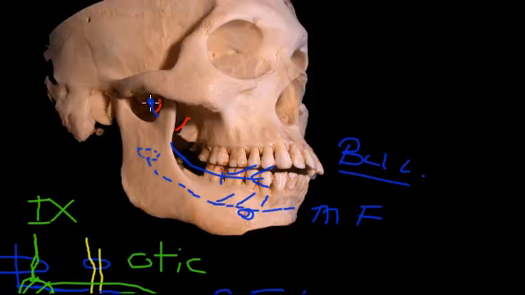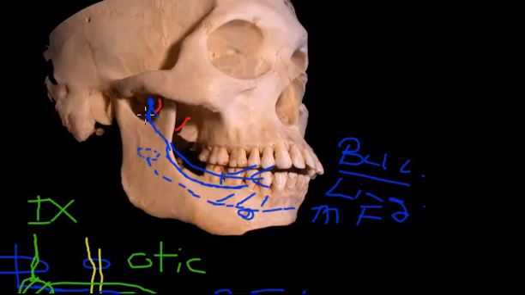The other branch, remember we had the posterior division that runs down here, and then behind the mandible here, we'll have to dot it in. There is a big branch that runs down in the floor of the mouth and into the tongue region, and that branch is called the lingual nerve. And the lingual nerve we'll talk about in a minute, what that supplies.